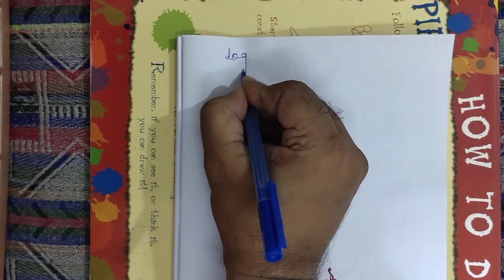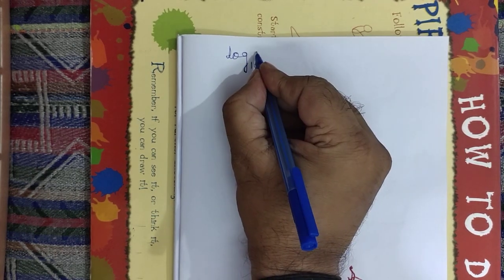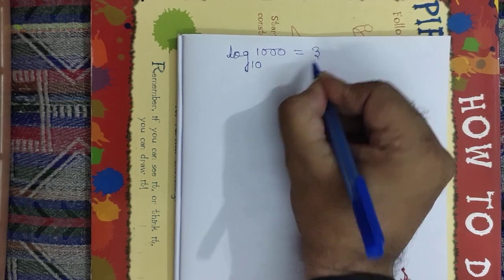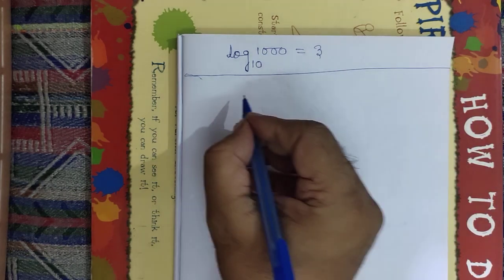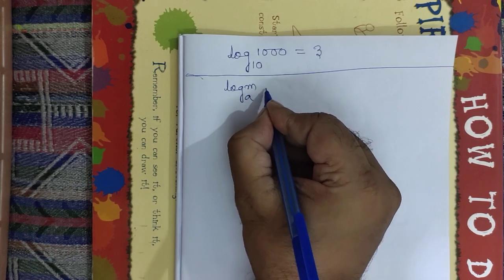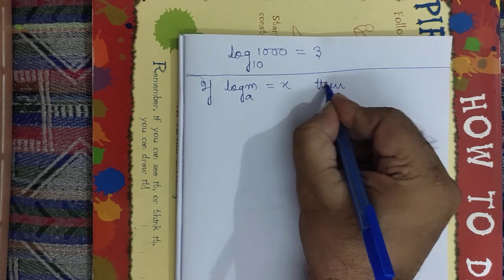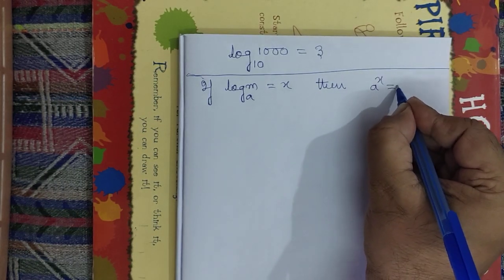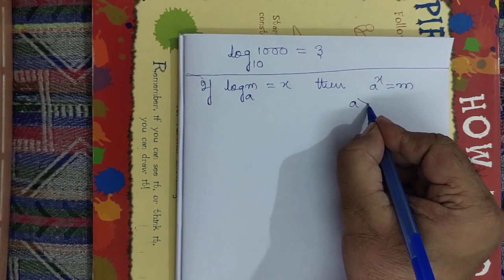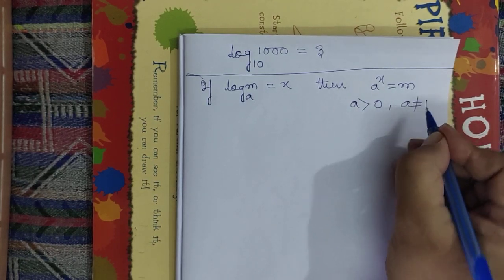So if I take any positive number, say 10, and I put the value 1000, you will definitely get a value: it is 3. So out of the discussions, the main points are: if log m base a equals x, then a to the power x will definitely be equal to m, under the condition that a must be greater than 0 and a cannot be equal to 1.